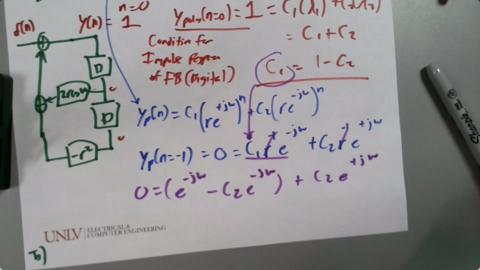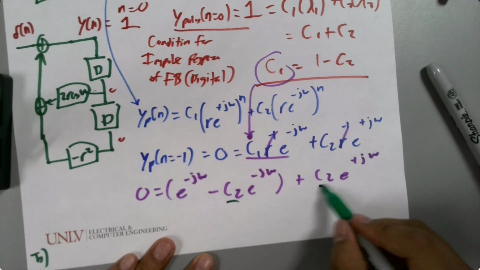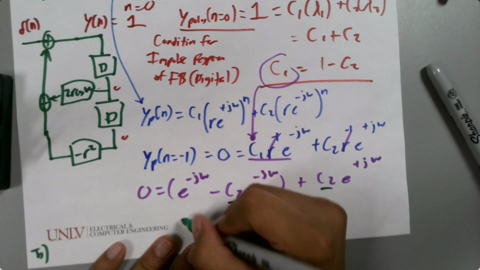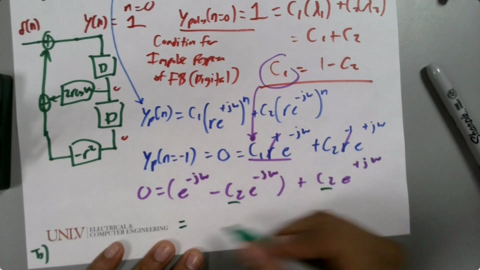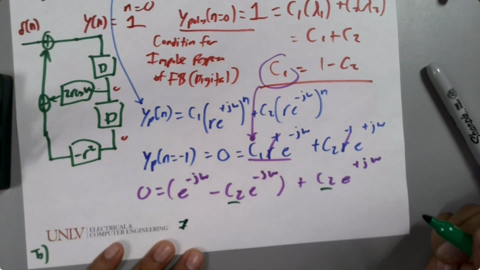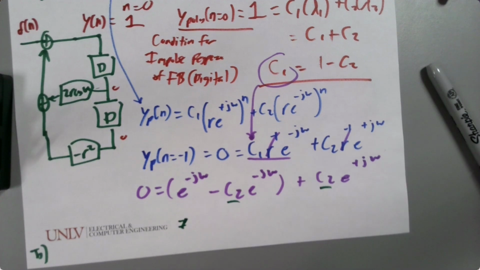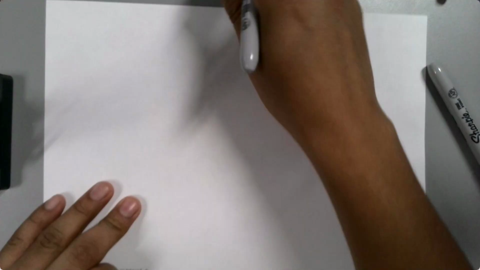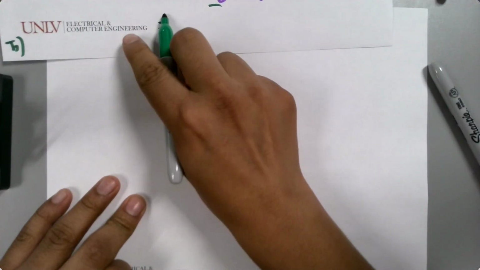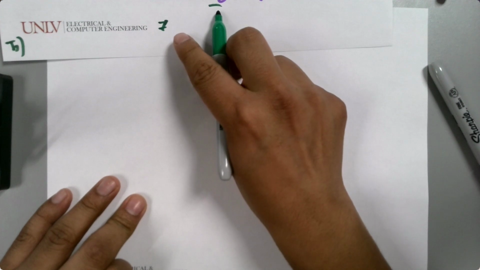So the next thing we've got to do is, okay, we want to solve for C2. I'm going to do it on another piece of paper because this is a lot of work. I'm going to put this on the other side and I'm going to factor out C2.